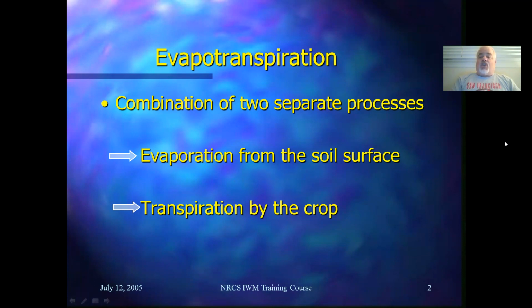And how much plants are covering per acre? How healthy is that plant? How fast growing? How are the cultural practices of fertilizing, etc.? So that is the two things we're looking at: the water lost by evaporation plus the water lost by transpiration.